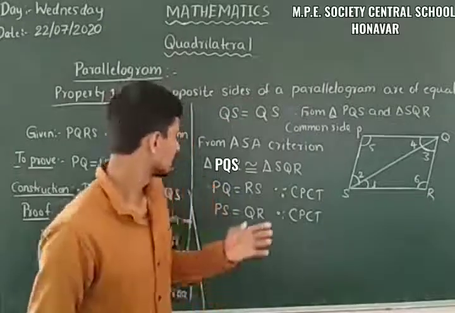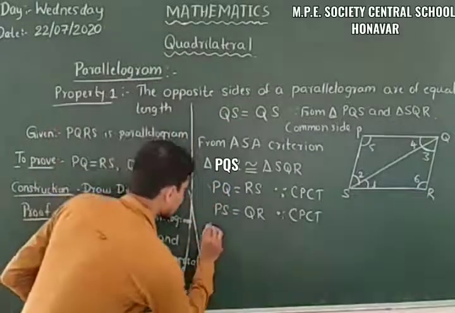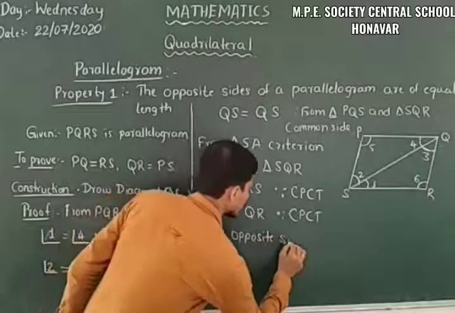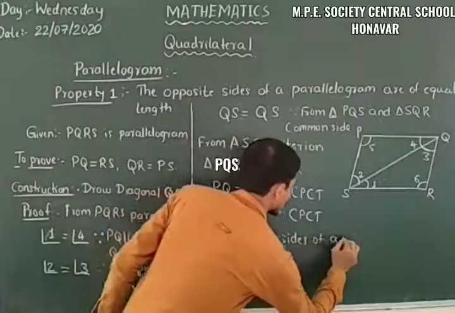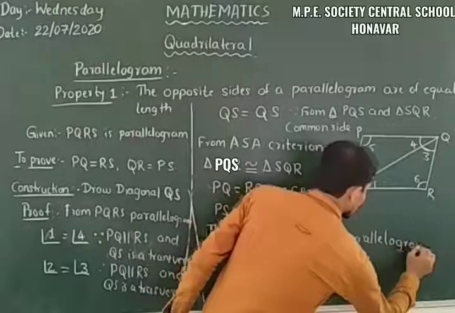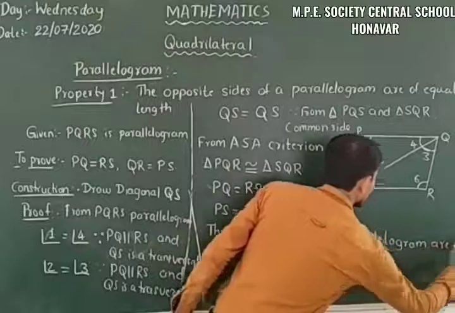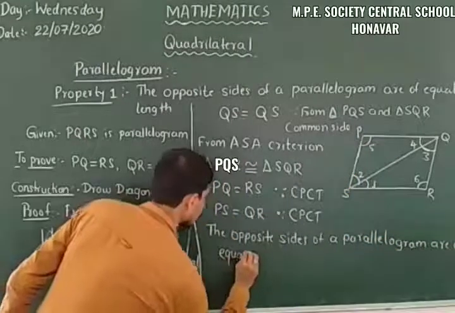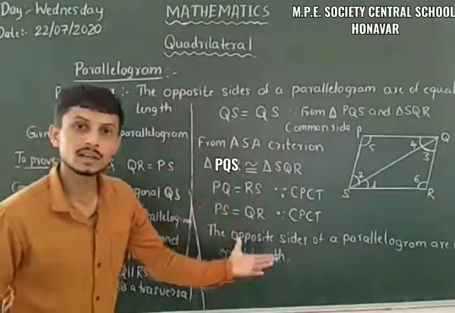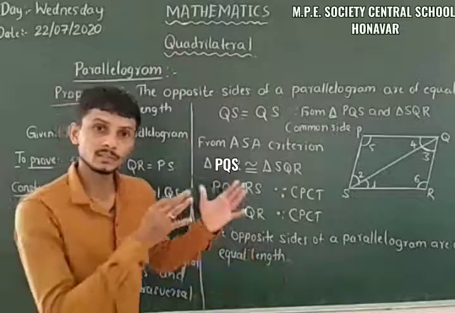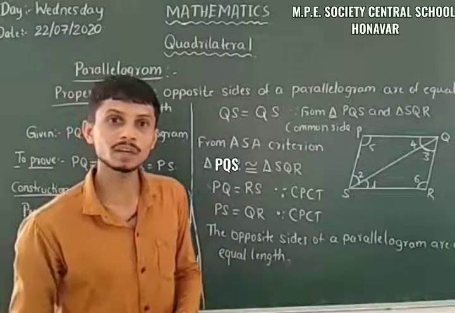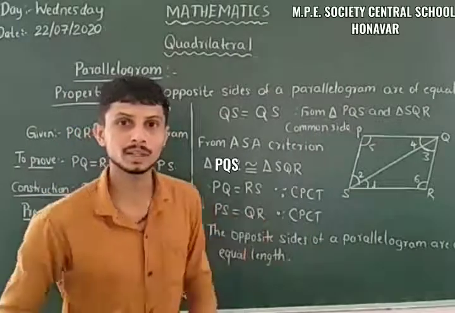So we have proved that the opposite sides of a parallelogram are of equal length. This is property number 1. So let us move on to some problems regarding property 1.